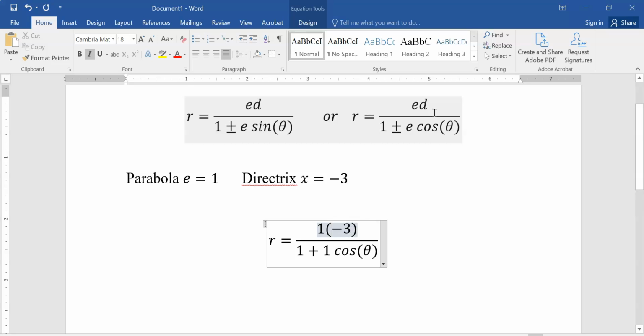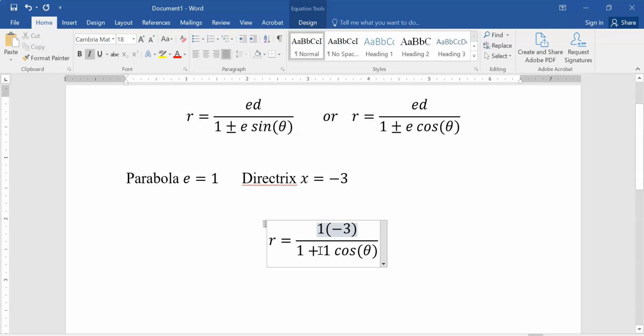The d here is the distance between my pole, again 0, and the directrix x equals -3. I'm going to choose that d to be -3 because we have x equals -3 here, and I'm going to do a plus 1 in the denominator.